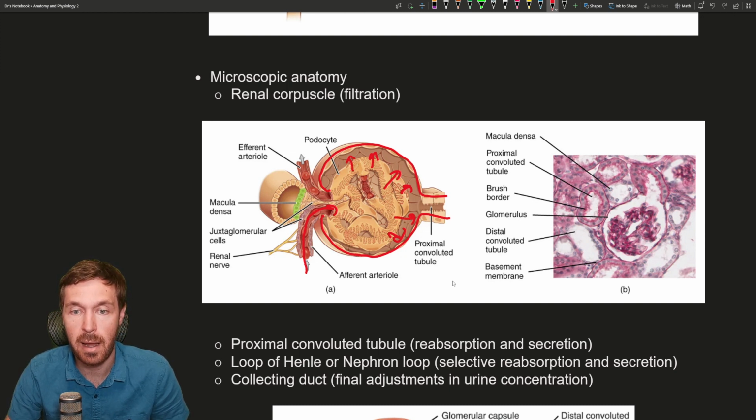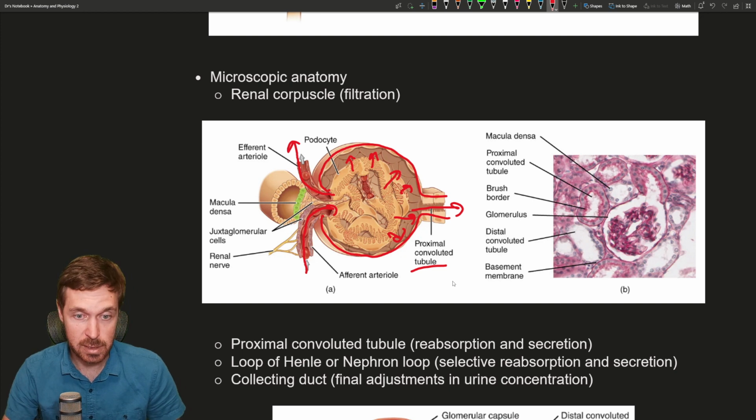So the fluid comes out, and just as long as you have a net push of this fluid out, it will then come into the proximal convoluted tubule. And then whatever's remaining again, like red blood cells, large proteins, exits then out the efferent arteriole.